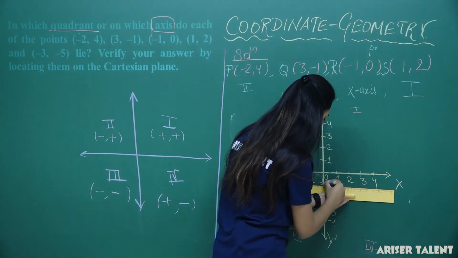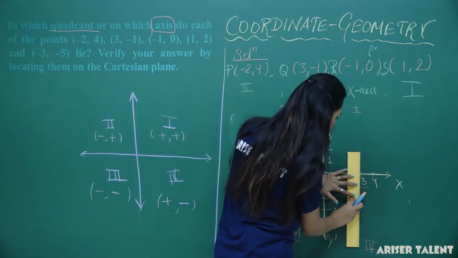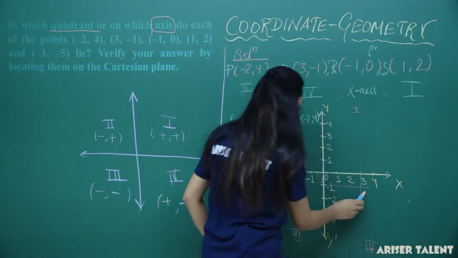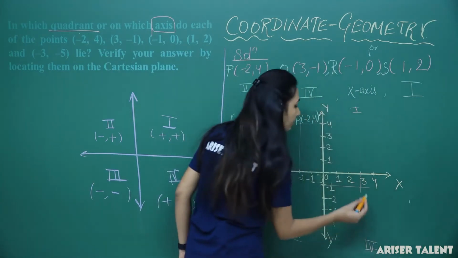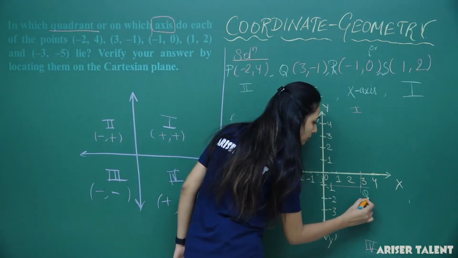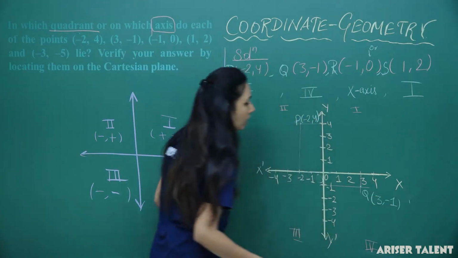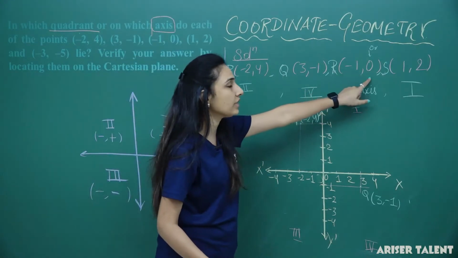Draw a perpendicular to this line, and from this x axis it will give you this particular point, and that will be known as the point Q that we have assumed, and that will be (3, minus 1), fourth quadrant.